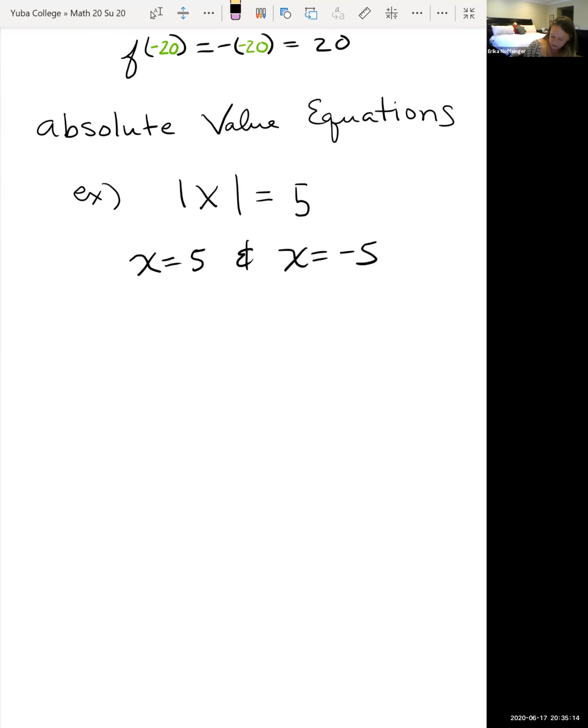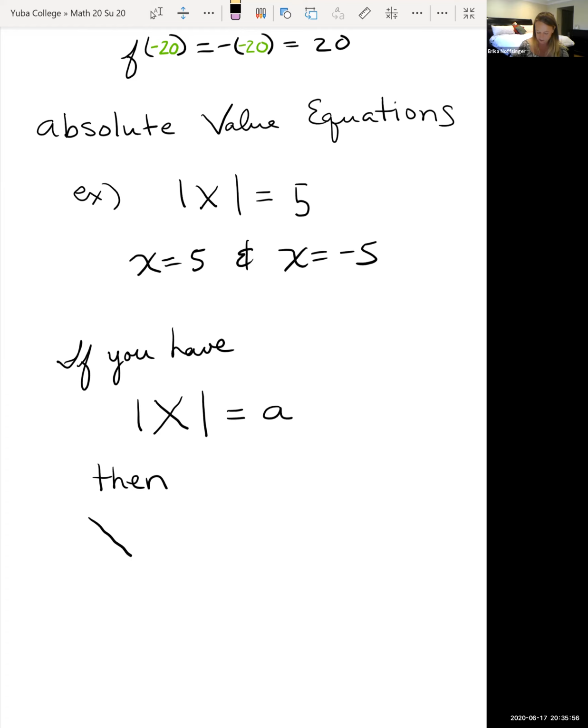So if you have the absolute value of, I'm going to do capital X, is equal to A, then the following thing holds.